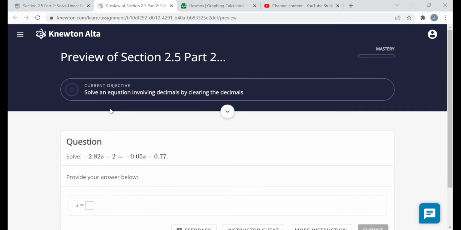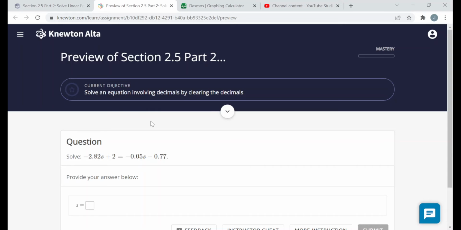The first objective I'm looking at is solve an equation involving decimals by clearing the decimals. So clearing the decimals is very similar to eliminating fractions. If you recall section 2.5 part 1, we cleared fractions from an equation by multiplying both sides by some number.